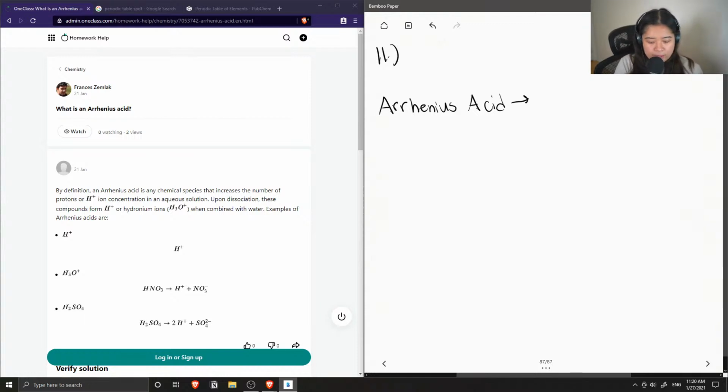But by definition, an Arrhenius acid is when there is an increase in the concentration of protons in the aqueous solution.